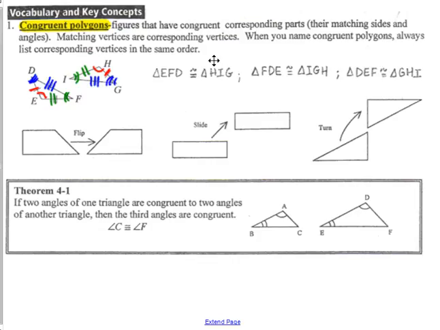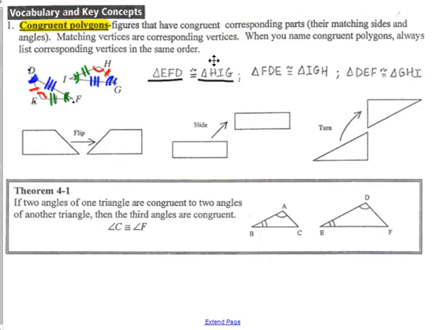So we can call these triangles congruent three different ways. We can say triangle EFD is congruent to HIG. It's really important that you notice the order in which those letters are stated. EFD, we are looking at the triangle that has one congruent mark, two congruent marks, three congruent marks on the angles.